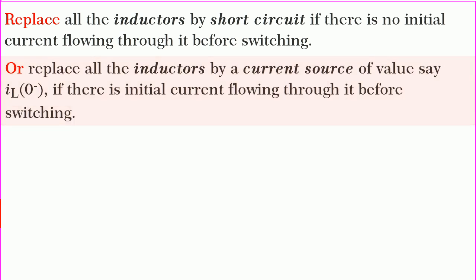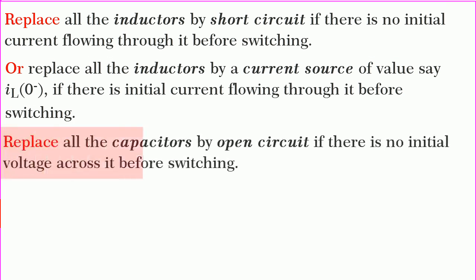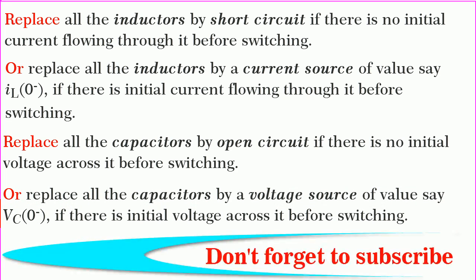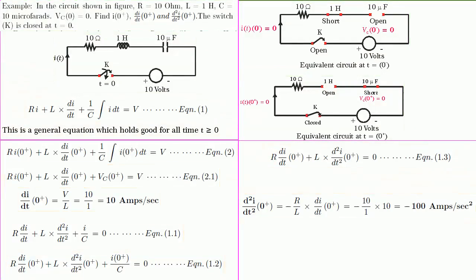Similarly, replace all the capacitors by open circuit if there is no initial voltage across it, or by a voltage source of say V0 if there is an initial voltage present across it before closing the switch. In all the cases, remember to keep the resistances and the sources as they are.